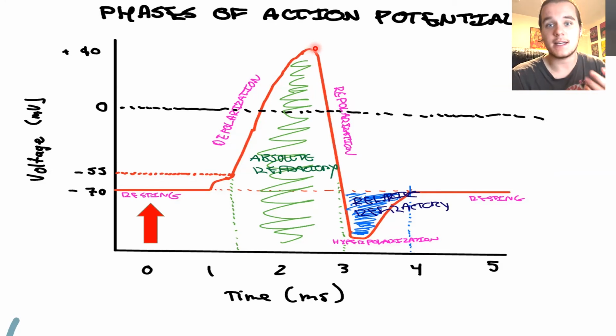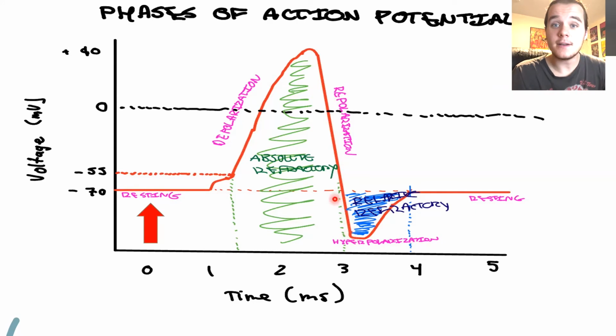They're important because once we get to the peak here, around 1-ish millisecond later, the delayed rectifiers, also known as voltage-gated potassium channels, open. Potassium is going to rush out of the cell, because it's concentrated inside, as we said earlier. So it's going to shoot down and repolarize, getting negative again, negative, negative, and negative.